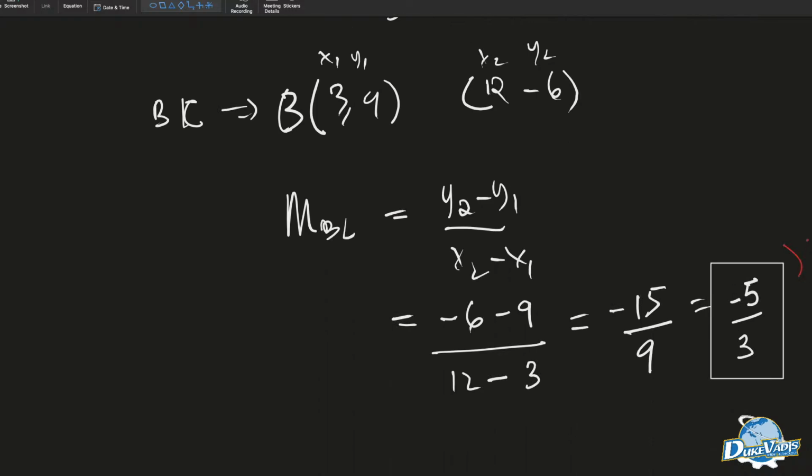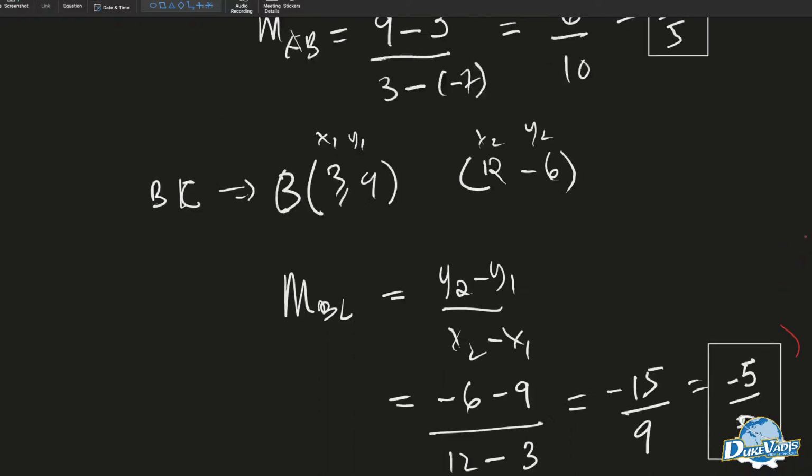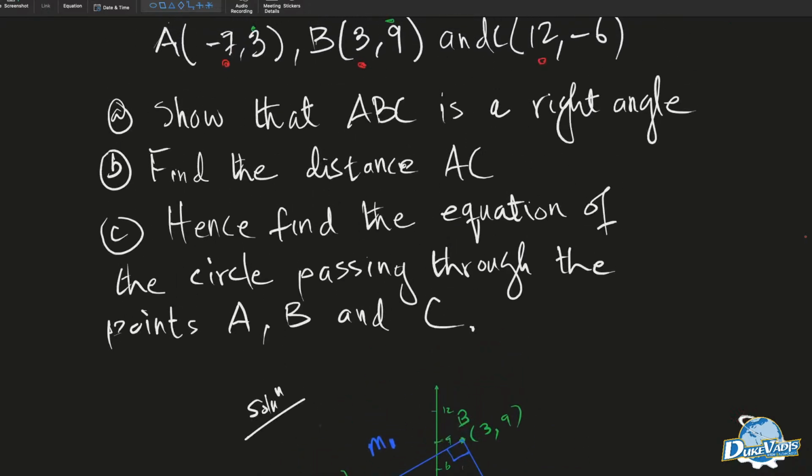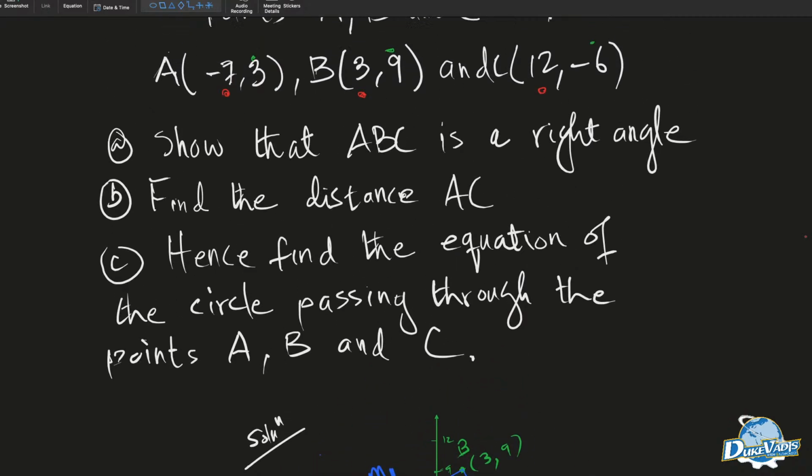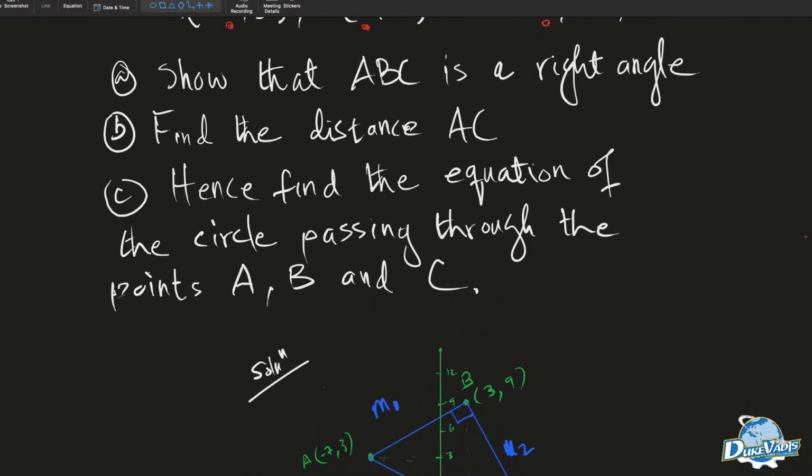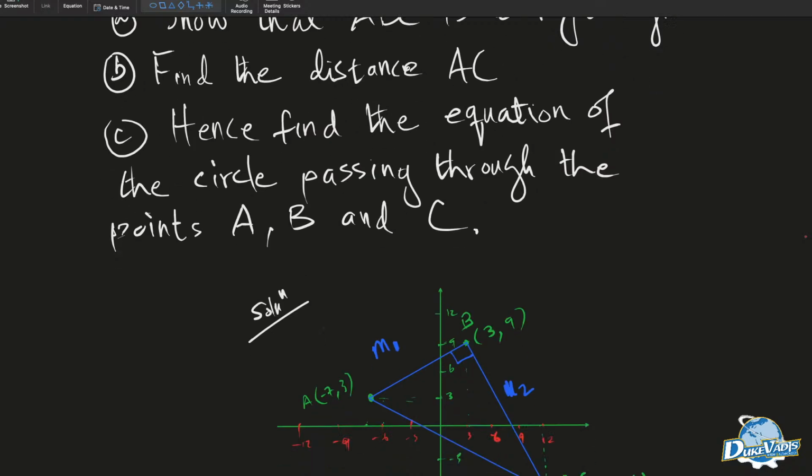So these two gradients, you see, it said we should show that ABC is a right angle. That means when we multiply the gradient MAB by the other, MBC, it should give us -1. So let's see if this is true.